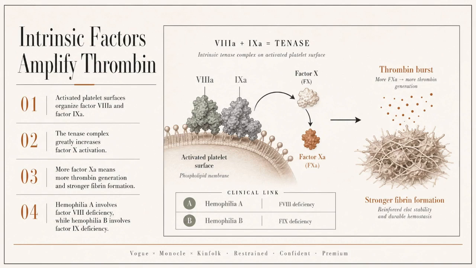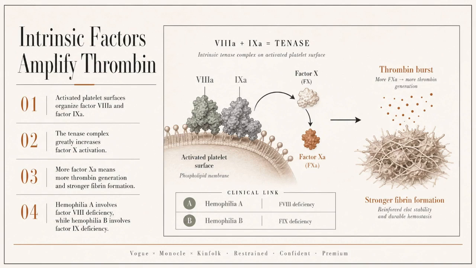This burst is essential for producing enough fibrin to create a stable clot. Deficiencies in factor 8 or factor 9 cause hemophilia A and B, respectively, highlighting the importance of this amplification step. Activated platelets are crucial here. They provide the necessary surface for these coagulation complexes to assemble. This shows us that platelets and coagulation factors work together, not in isolation.